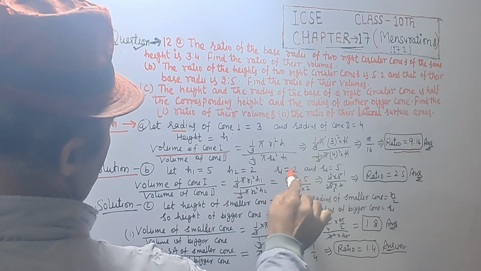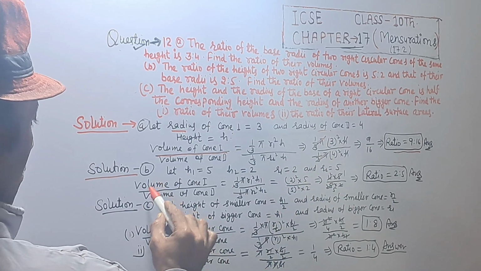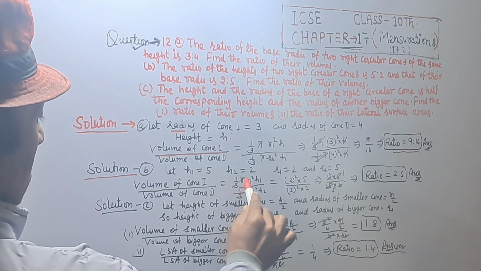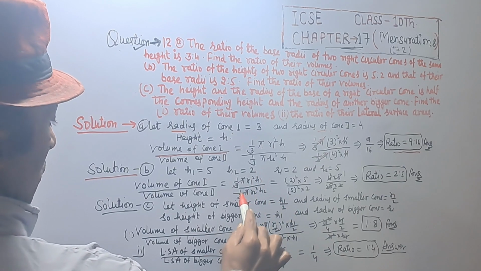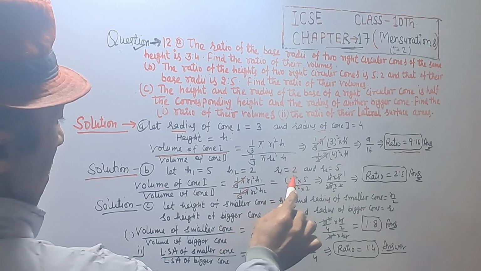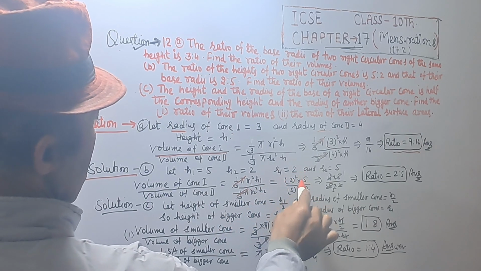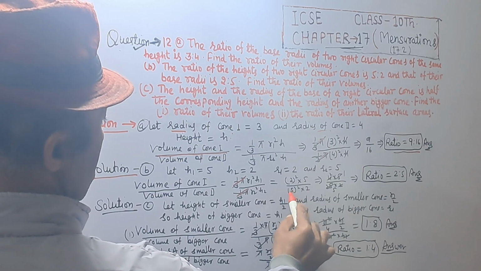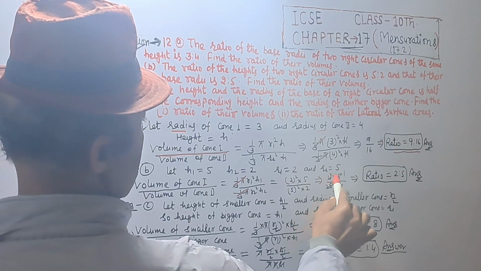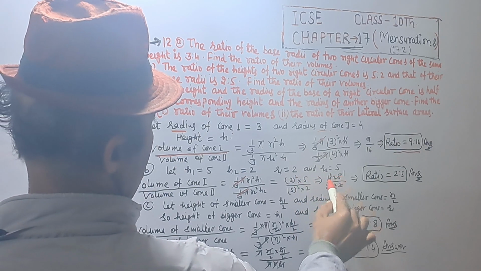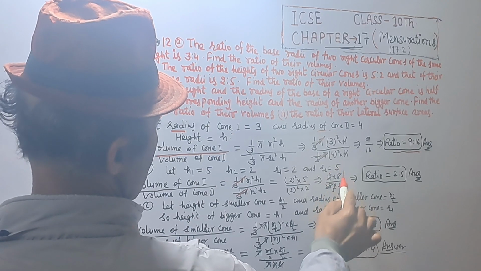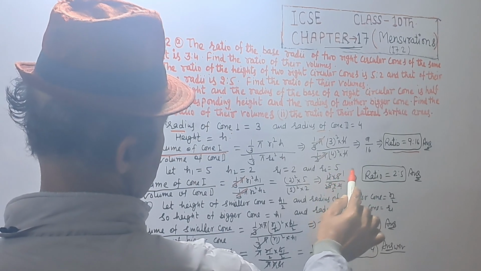And solution of B part: h1 is equal to 5, h2 is equal to 2 and ratio of r1 and r2 is 2 and 5. So volume of cone 1 divided by volume of cone 2 equal to 1 by 3 pi r1 square h1 upon 1 by 3 pi r2 square h2. 1 by 3 pi, 1 by 3 pi is cancel. r1 is 2 square into h1 is 5 divided by r2 is 5 square into h2 is 2, which implies 2 2s are 4 into 5 upon 5 5s are 25 into 2. 2 2s are 4 and 5 5s are 25.